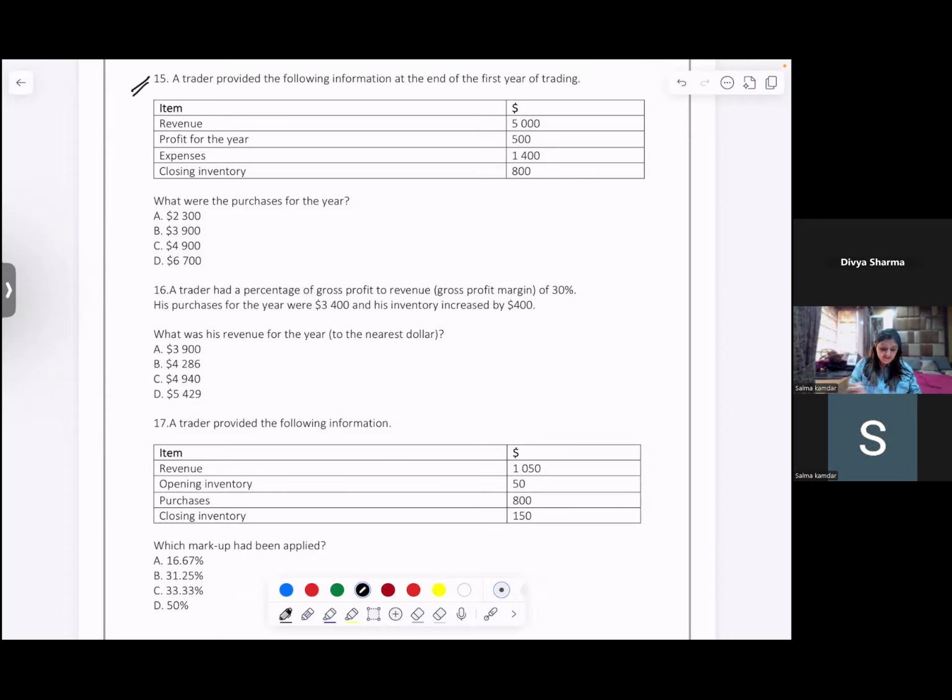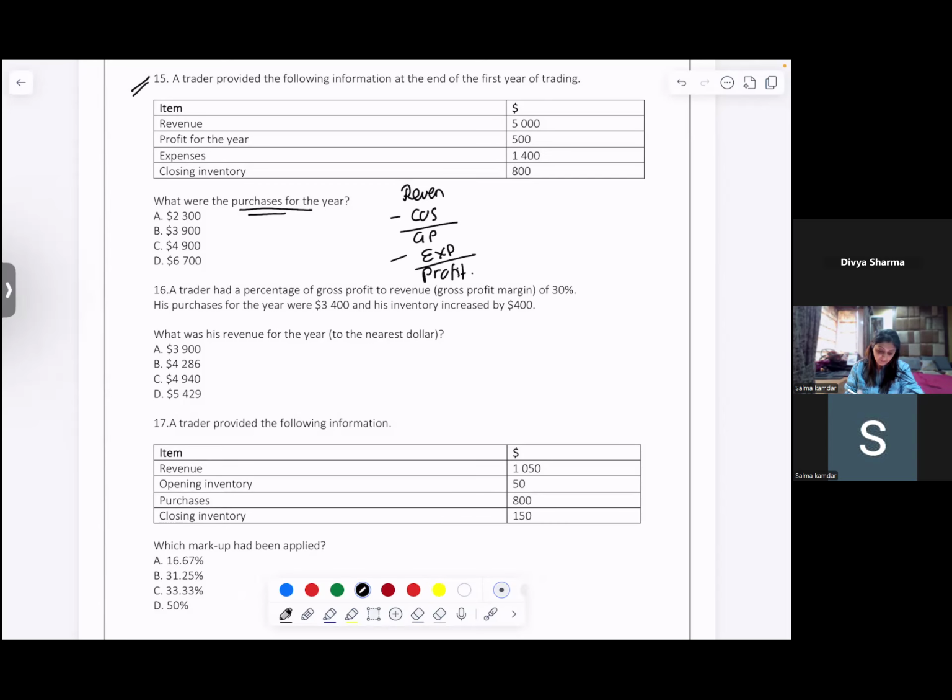Question 15. What are we asked to find? Purchases, right? So we said revenue minus cost of sales would give us gross profit, minus expenses would give us profit.